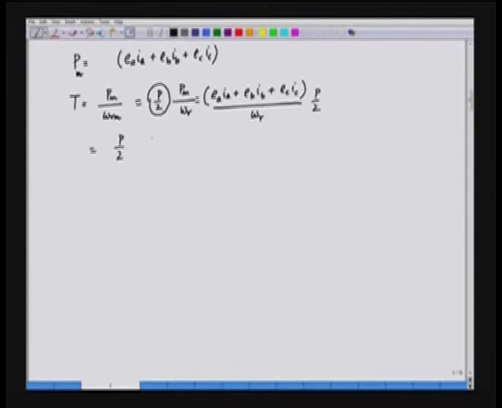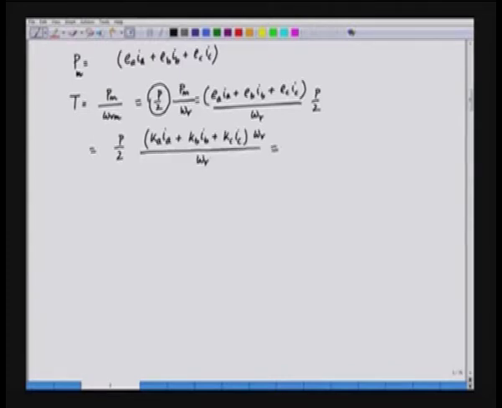So, we can now replace EA by Ka omega r Ia and EB by Kb omega r Ib plus Kc omega r Ic, and omega r is in the numerator and omega r is also in the denominator, they will get cancelled.